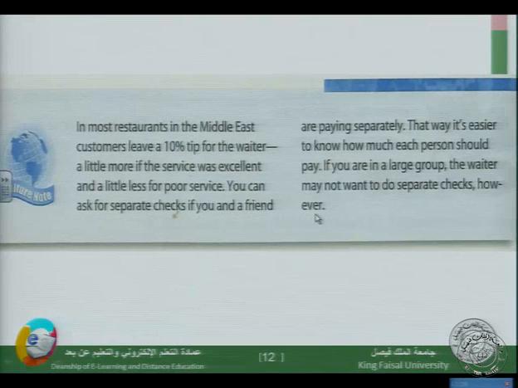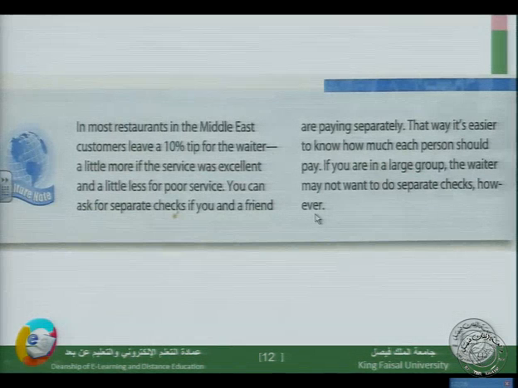For example, if you buy something for 100 riyals, you need to leave 10% of 100, which means 10 riyals. Okay? A little more if the service was excellent, and sometimes you can leave a little less for poor service. So it depends on the service.